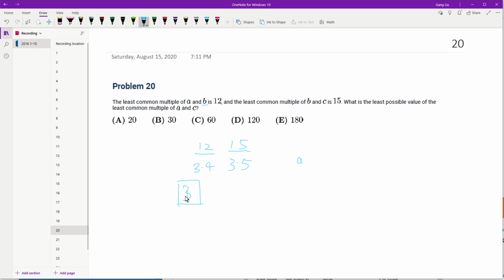So if B equals 3, then A equals 4 and C equals 5. That all fits together, and the least possible common multiple of A and C is 20, because the LCM of 4 and 5 equals 20.